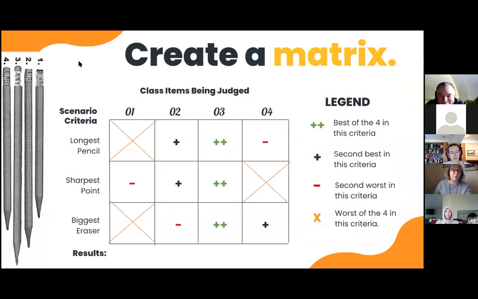Even with the picture on the side, with 1, 2, 3, 4, when we're judging on sharpness, it's hard to see what the sharpness actually is. So that one is part of the picture, but not one that we can accurately judge right now because of the picture itself of these pencils. Everyone seems like they've got a good idea of how they would place this class based on those 3 pieces of criteria.